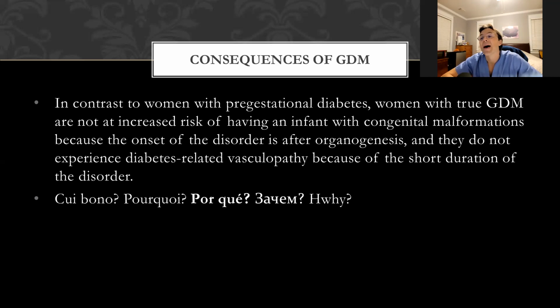Yes, that will not be seen in gestational diabetes mellitus. And the reason being is, again, it takes time to progress to that level. Okay, which is a good part. At least gestational diabetes mellitus doesn't give you that.